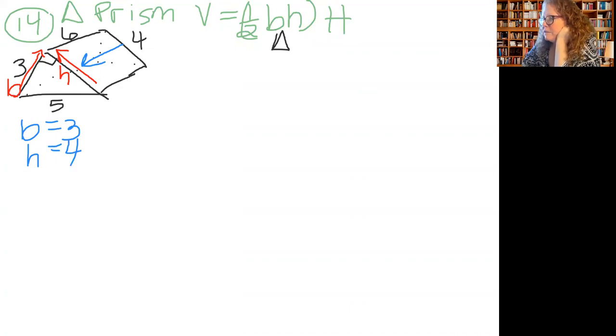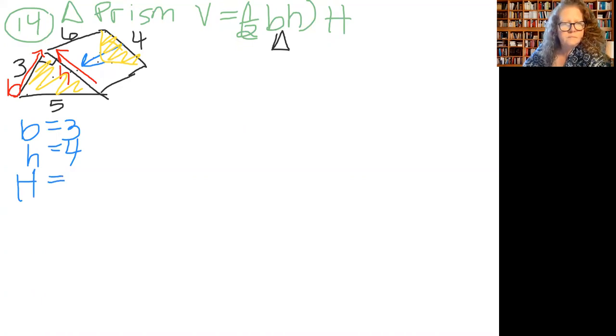And the number that connects the two triangles, that connects this triangle and this triangle back here. What's the one number that connects the two triangles? Okay, good. Who's got it? That's going to be our big H. Okay, ask yourself, does 5 connect the two triangles?